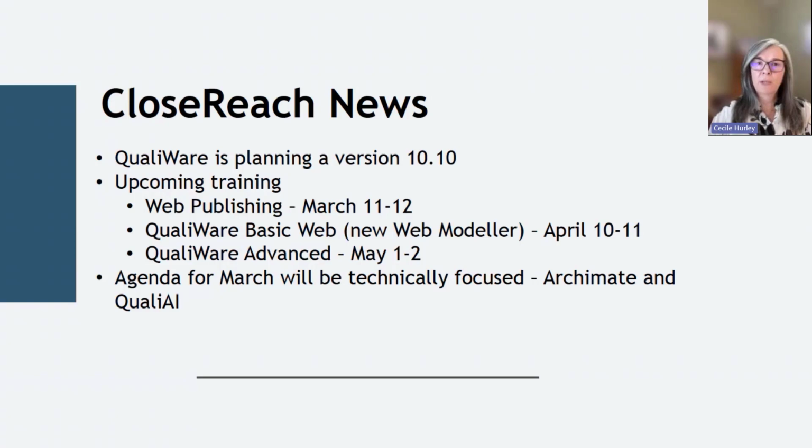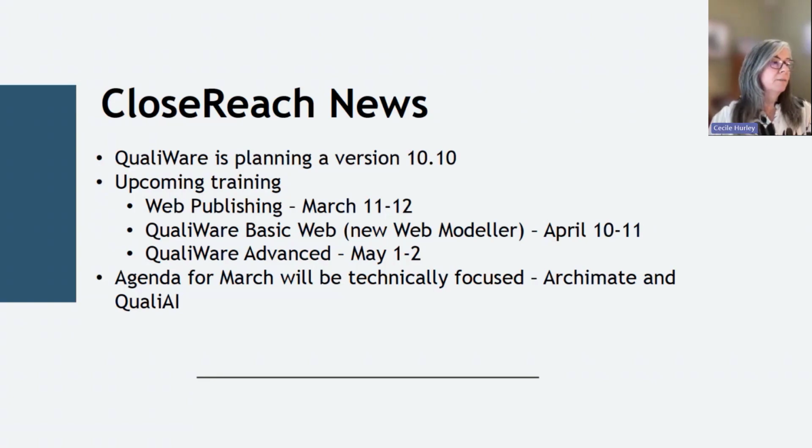We have some upcoming training happening in the spring. We have our web publishing course in March 11th and 12th. We have a new course, our web modeler course called QualiWare Basic Web, and that will be running April 10th and 11th. And we are also running a QualiWare Advanced course in May, on May 1st and 2nd.